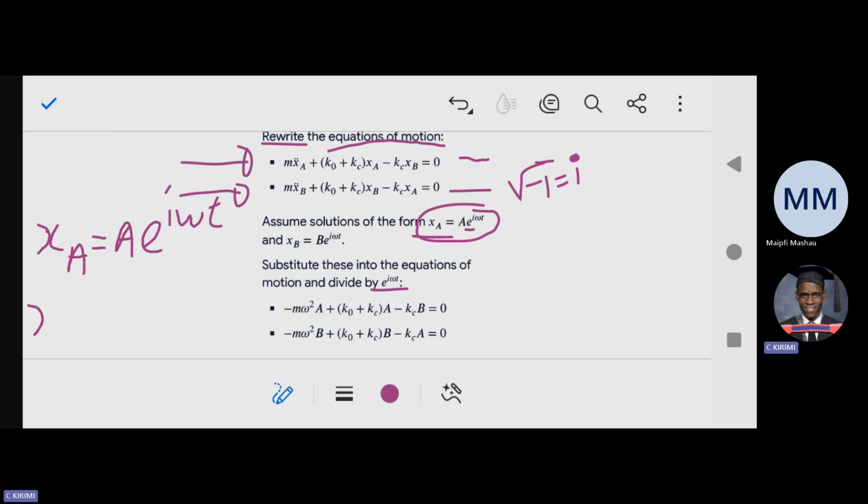If I say x dot, you are differentiating this with respect to time, the first derivative. So we are going to get A i omega e to the power i omega t. Is that correct, when you differentiate the first time? Do we agree?